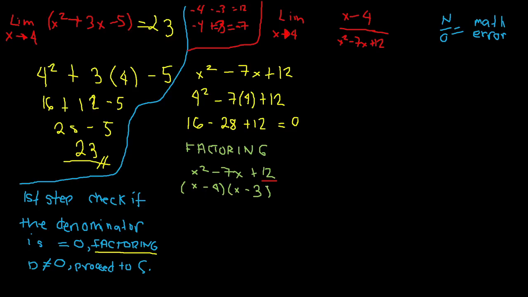So, x times x ay x squared, x times negative 3 ay negative 3x, and negative 4 times x ay negative 4x. And then, negative 4 times negative 3 ay positive 12. And then, x squared, negative 4x plus negative 3x ay negative 7x plus 12. So, tama yung ating factor.